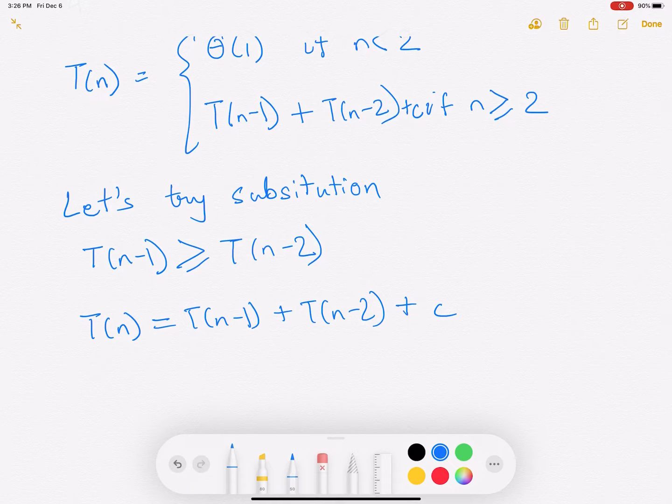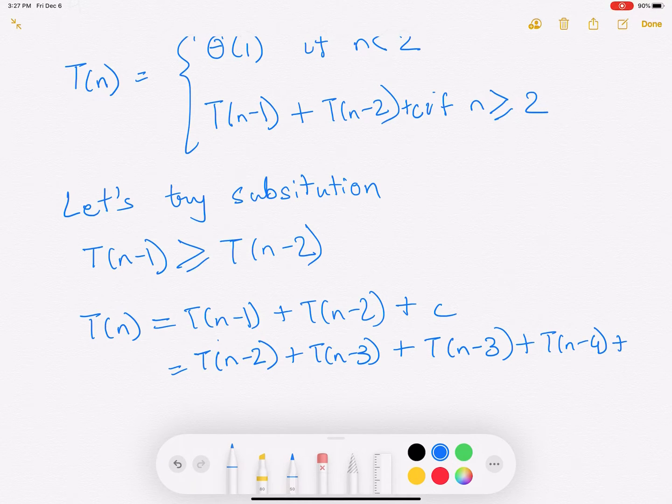We can first try substitution. But if we try substitution, what is likely to happen is this: you have to write T(n-1) as T(n-2) plus T(n-3), and T(n-2) will have to be written as T(n-3) plus T(n-4), and there will be 2c here.